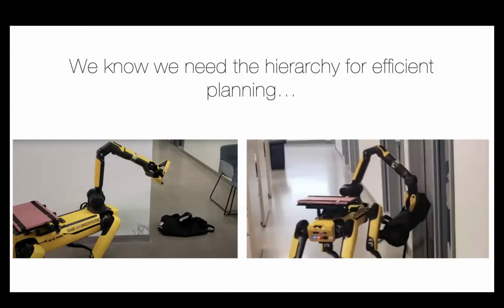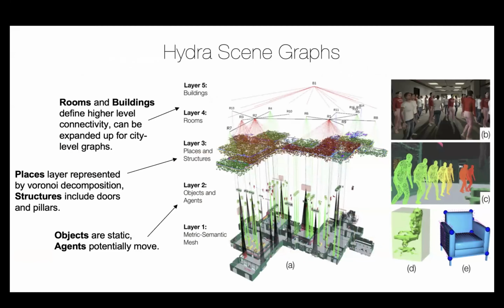We also need an abstract representation for efficient planning. So in that architecture that I showed with that continuum, only on one end of that continuum did I have an obvious place for a representation of the environment. So one of the things that we have started to do in my group is to work with Luca Carloni and his student Aaron Ray. Luca, for those of you who know his work, has been doing tremendously good work in building scene graphs.